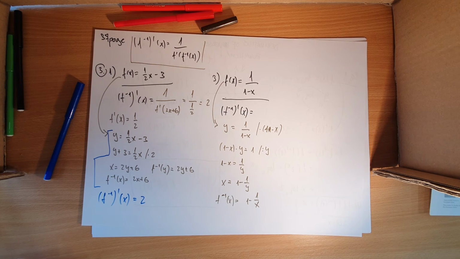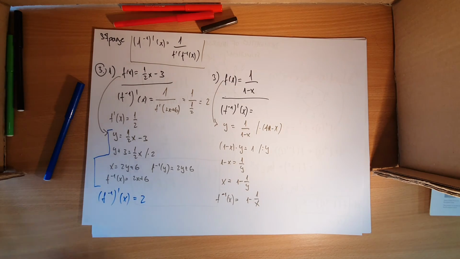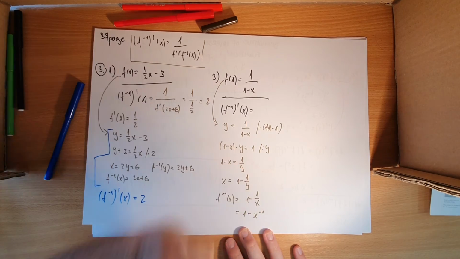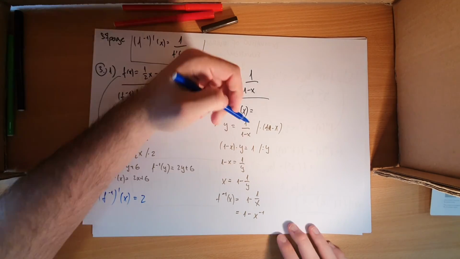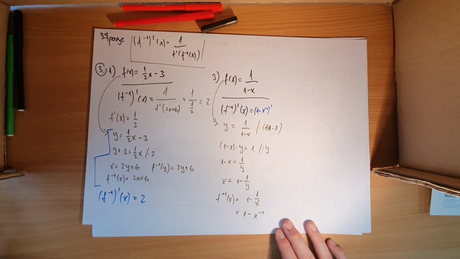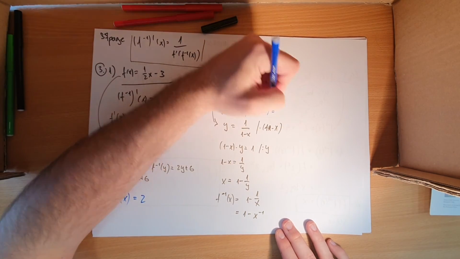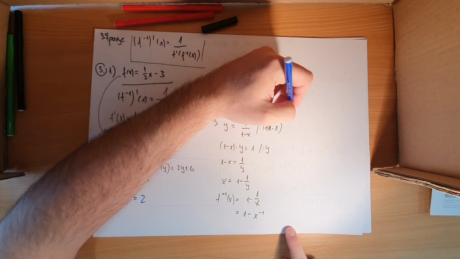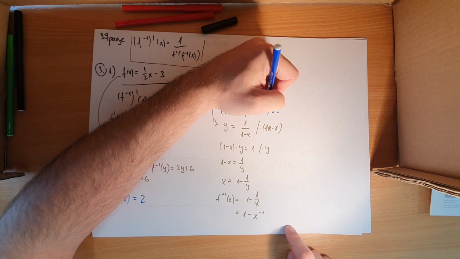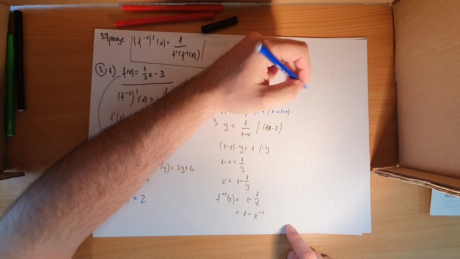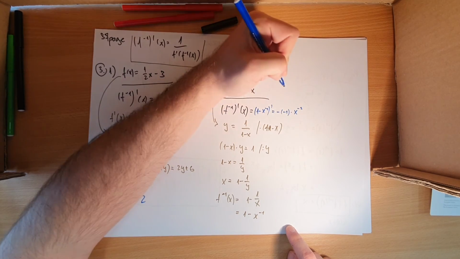Now, we can find its derivative. What I'm going to do here is rewrite it as 1 minus x to the power of minus 1, because this means that this is going to be the derivative of 1 minus x to the power of minus 1. The derivative of 1 becomes 0, minus still is here, but minus 1 comes ahead of the x to the power of minus 2.